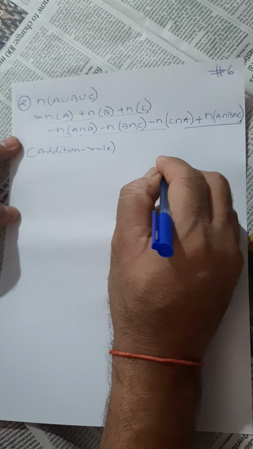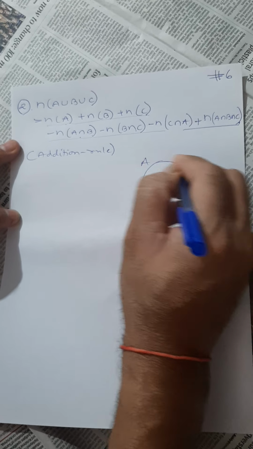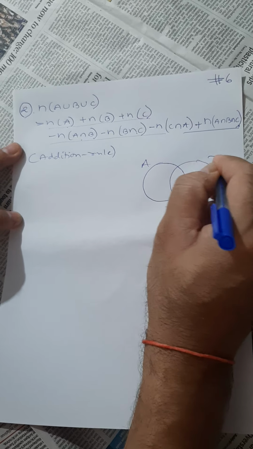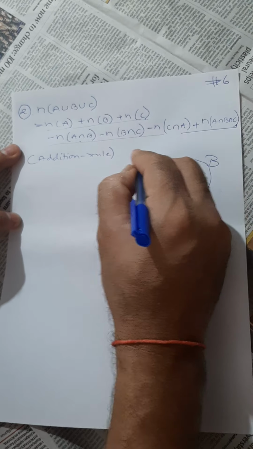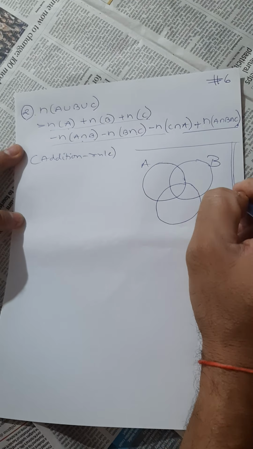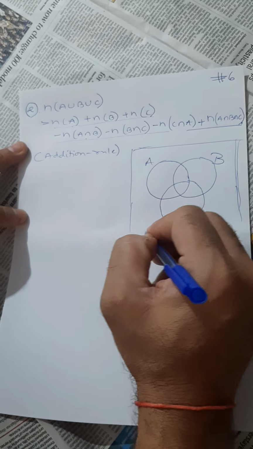So it's like this. This is a set A, for example. This is a set B here. And this is a set C here. And this is the universal set.